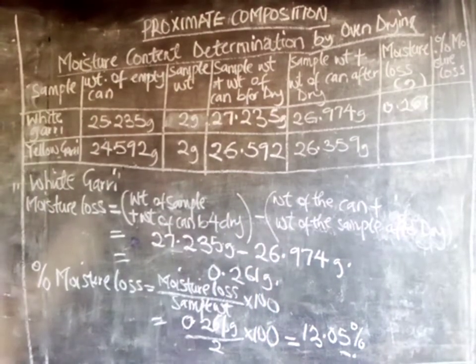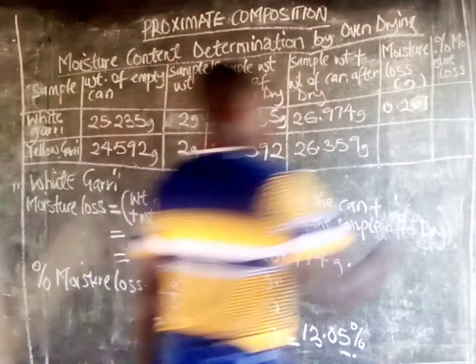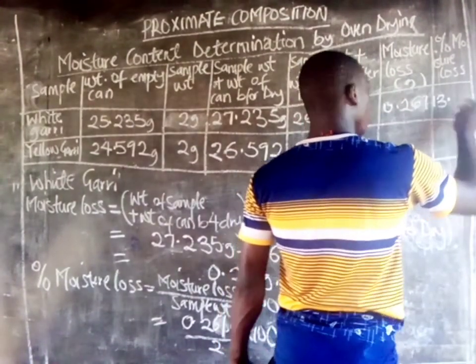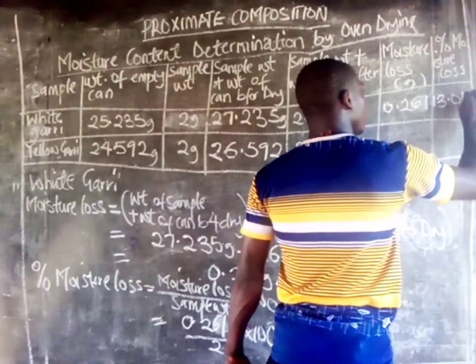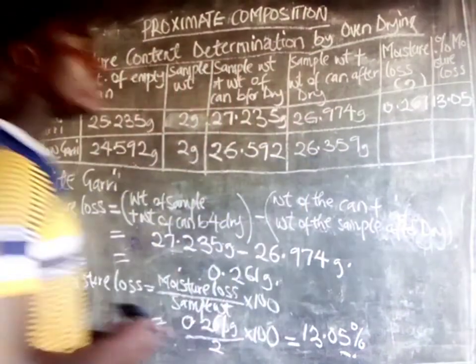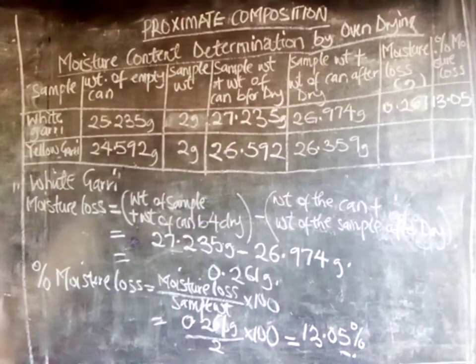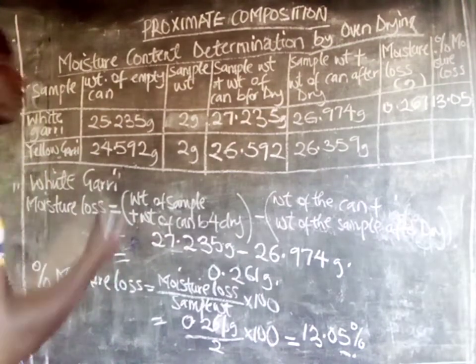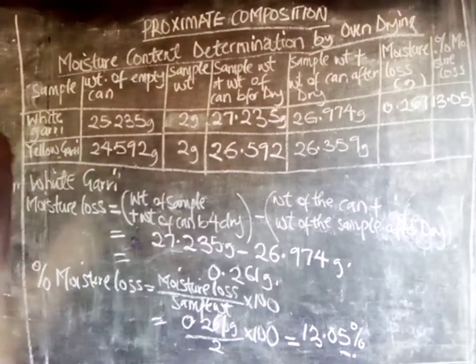And so the percentage moisture loss for white Gari is 13.05. And so this is the moisture content determination principle or method used to determine it.